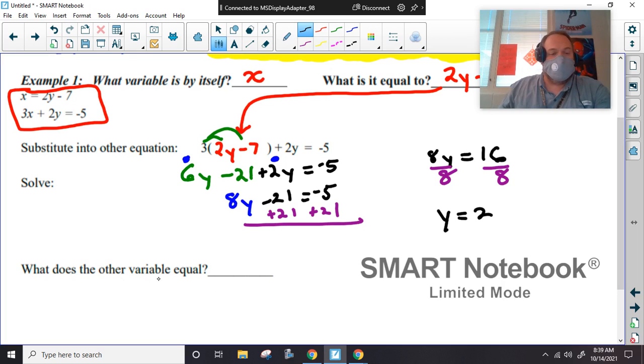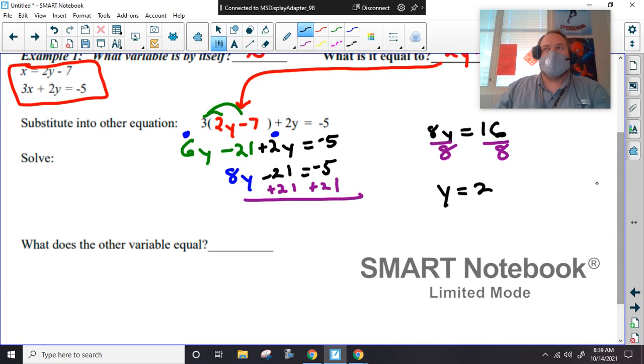So what is the other variable? What does the other variable equal? I can't even read my own typing. What was the variable by itself? X. And what did it equal? 2y minus 7. But we now know what that y is.